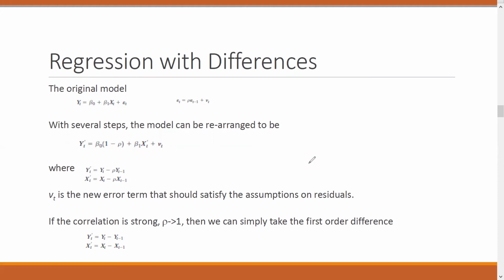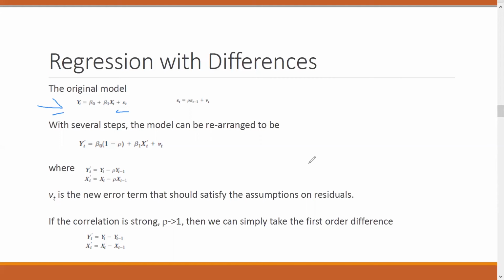Let's start with the original model we had. We have y equal to beta 0, the y-intercept, plus beta 1 times x1, the slope coefficient times the independent variable, plus an error term. In the past, we assumed the error terms to be independent. But when we have autocorrelation, the error terms will be dependent upon each other.